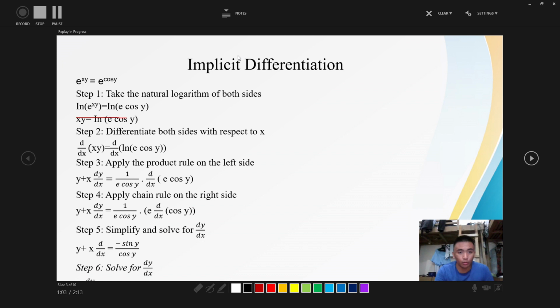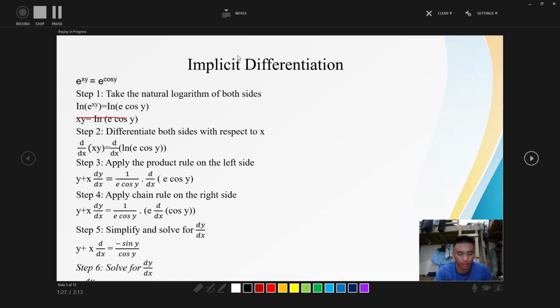Step 2 is to differentiate both sides with respect to x, so d/dx of xy is equal to d/dx of cos y. After this, step 3 is to apply the product rule. What is the product rule?